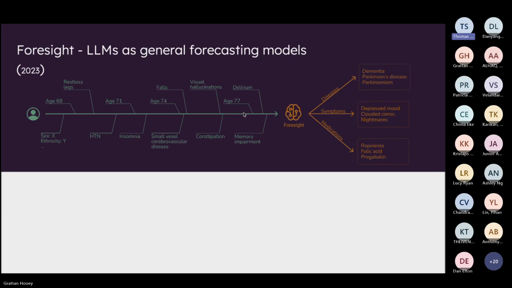We ordered the SNOMED codes in time, fed those in, and trained a model to suggest what was going to be the next medication or the next symptom, the next disorder, or the next diagnosis for a particular patient given their historical timeline. And we could predict the next thing, or we could predict multiple steps into the future.